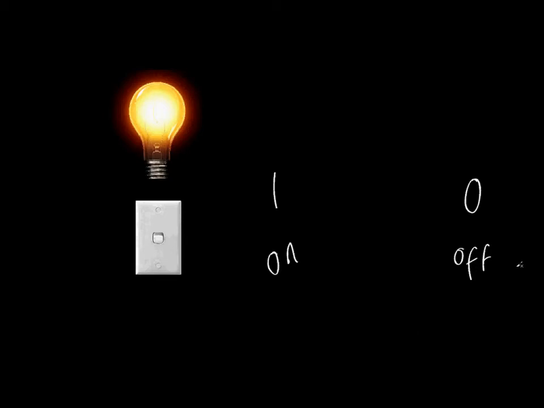Let's consider the thermometer for a minute. An analog thermometer measures temperature. Let's say in our case it's a continuous quantity anywhere between 0 degrees at the bottom here up to 100 degrees at the top here.